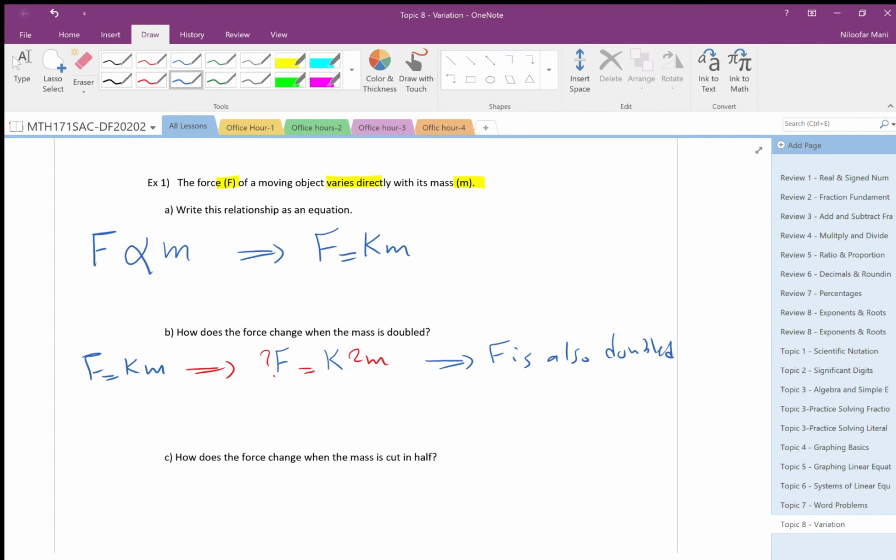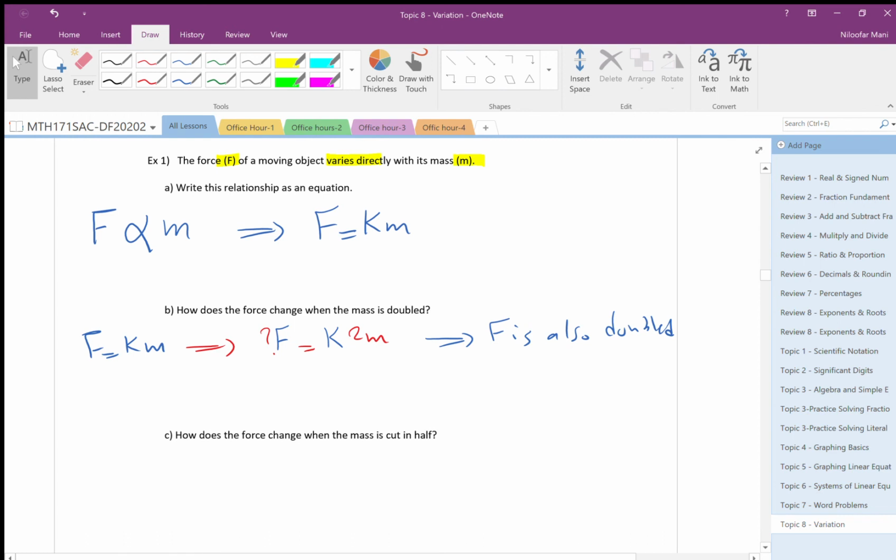Okay, so listen, I have F1 equal Km1. I have M2 equal to 2M1. I want to know what happens to F2. F2 is Km2.